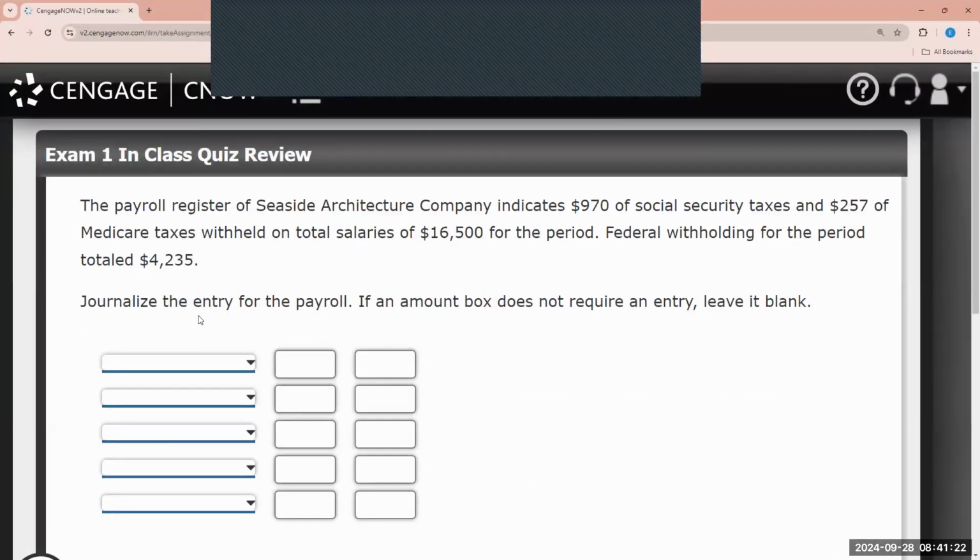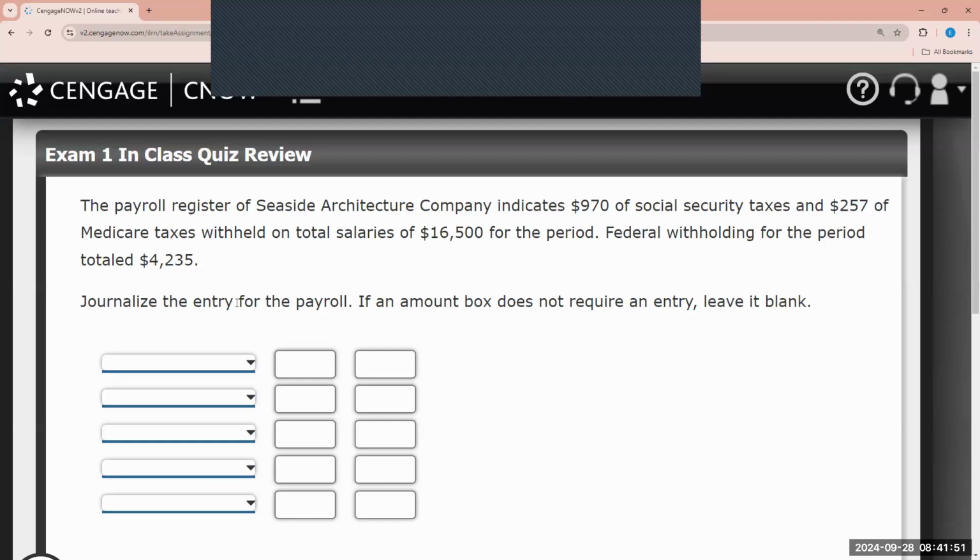All right, so this problem asks us to journalize the entry for payroll. If an amount box does not require an entry, leave it blank. It states the payroll register of Seaside Architecture Company indicates $970 of Social Security taxes and $257 of Medicare taxes withheld on total salaries of $16,500 for the period.